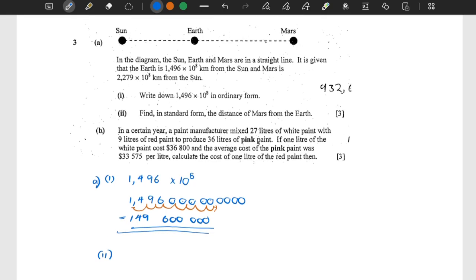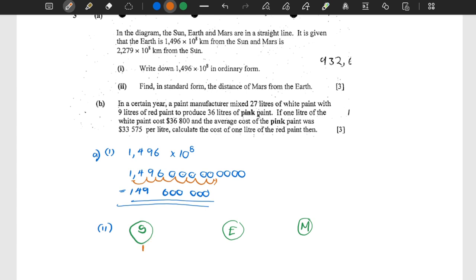Then part B, part 2 says, write down in standard form the distance of Mars from Earth. So we have three things: Sun, Earth, and Mars. Just to see what we are given, the Earth is that far from the Sun.